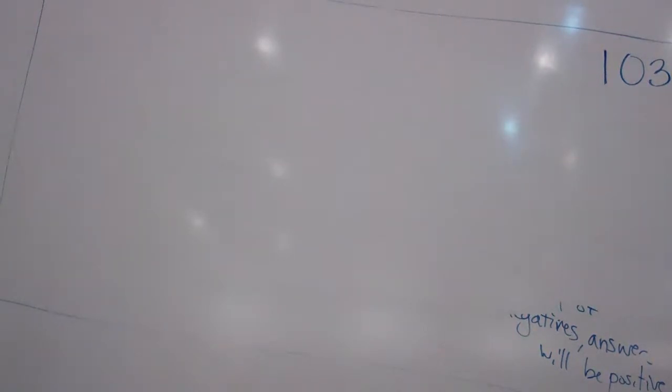What was the first part of that one? If there's an even number of negative numbers, then it will be positive. So how would we write that? Just like this says, instead of odd number of negatives, I would put even number of negatives, the answer will be positive. So you make it the opposite.